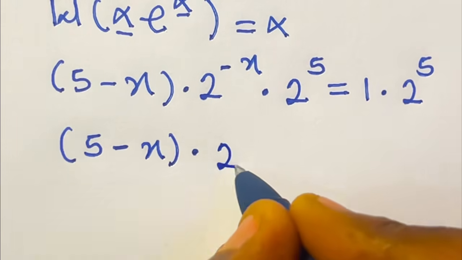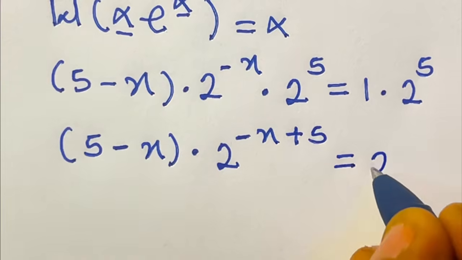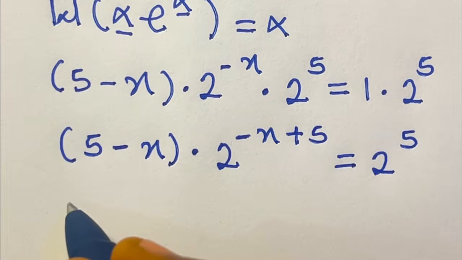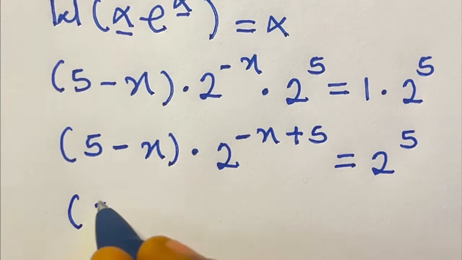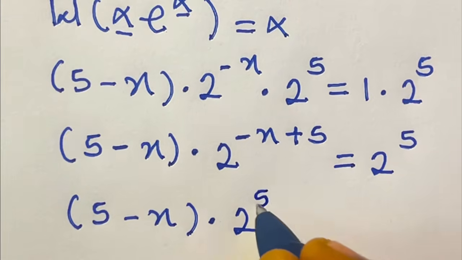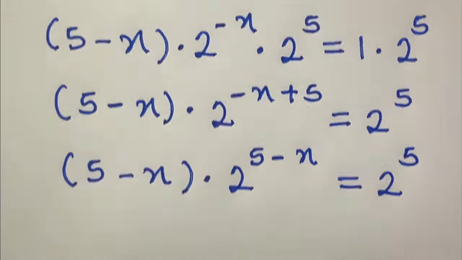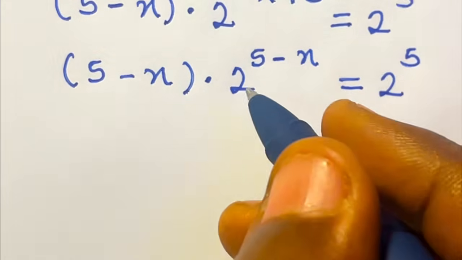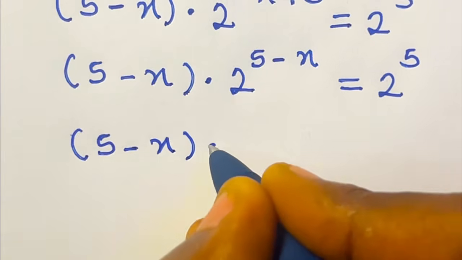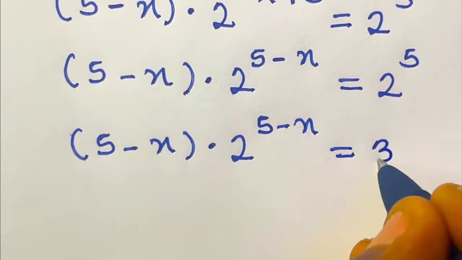So we have 2 raised to power minus x plus 5 equals 2 raised to power 5. All right, so this implies that we have 5 minus x multiplied by 2 raised to power 5 minus x equals 2 raised to power 5. 2 raised to power 5 will give us 32.